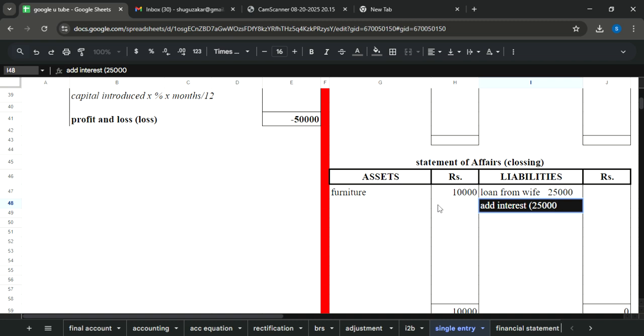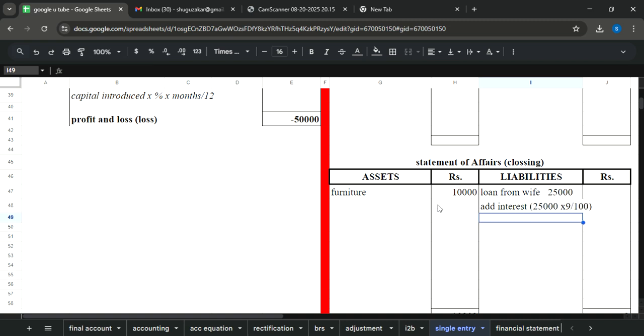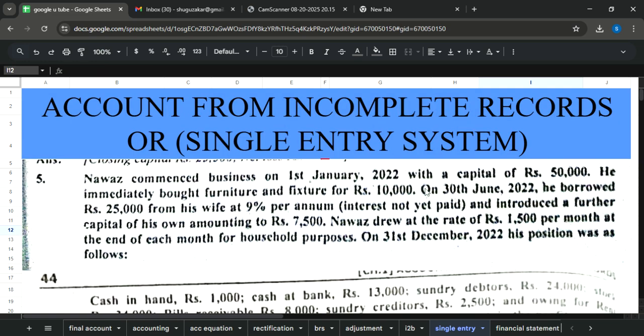So 25,000 multiplied by 9 divided by 100, as the rate of interest is given. First we will calculate it and then write it. Over here, 25,000 was the amount, 9% was the rate, and look at here the date. Why I was saying the date is very important: on 30th June you took the loan, your starting date is 1st January, already 6 months closed, and importantly our last date is 31st December.